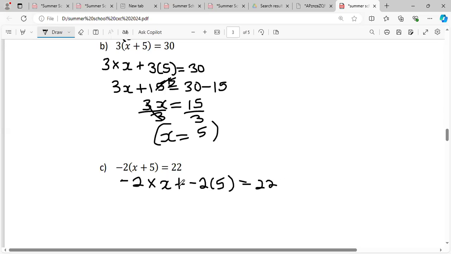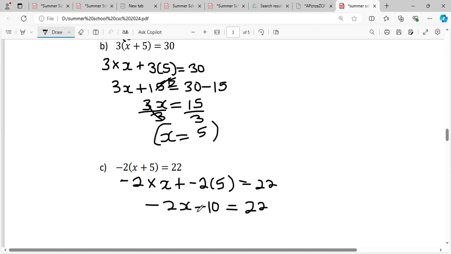So negative 2 times x is negative 2x. Negative times positive is negative 10. Be careful of the sign, guys. That messes up a lot of people. And then we have minus 10.